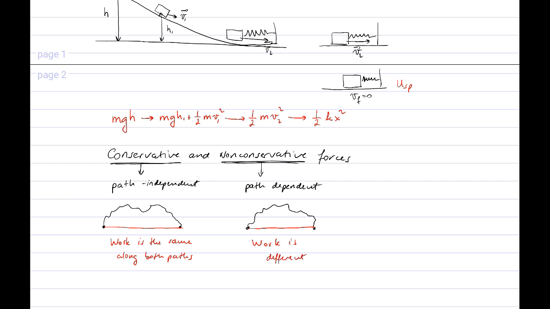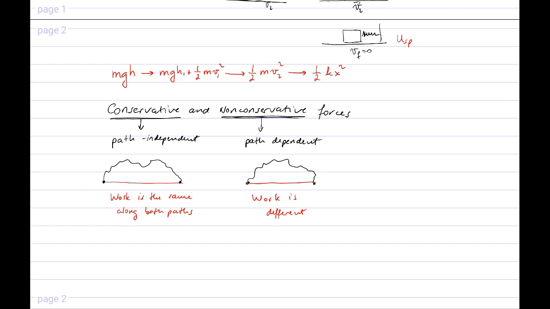So we can write an equation that says that work done by non-conservative forces is equal to change in energy. What do I mean by energy? Energy is total energy, so it is the sum of all forms of energy at a certain place.